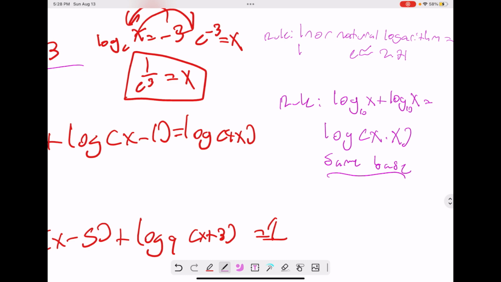Whenever logs are being added and they have the same base, you want to times them. So in this case, log 10 of x, remember, 10 is the base you should assume if there's just a log and there's no base. So log 10 of x plus log 10 of x is equal to log 10 of x times x, or log x squared.